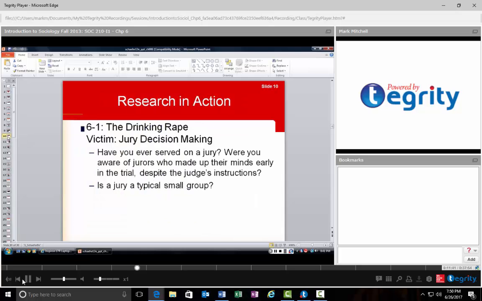All right, now we have a reference here on the slide to an article in our book in chapter 6, which I always encourage you to read everything, but they raise some good points there. They did mock trials, so researchers were basically looking for any significance to how juries were making their decisions.